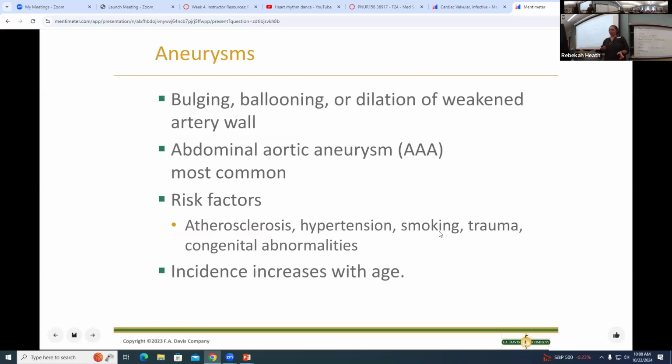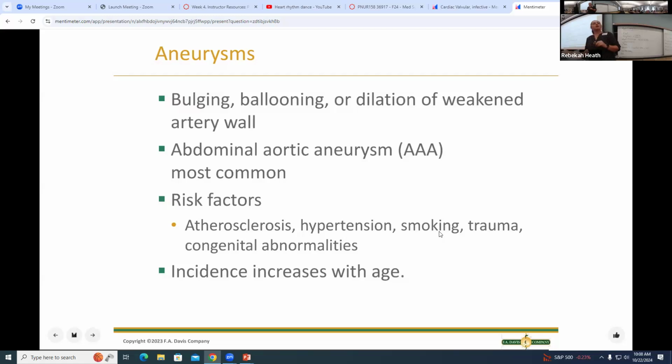Aneurysms. So we talk about aneurysms. It's an artery that has a weakened area. So you think about the artery being a tube, and if you've ever had a balloon where all of a sudden it stretches out on one side a little bit, that's kind of what happens.